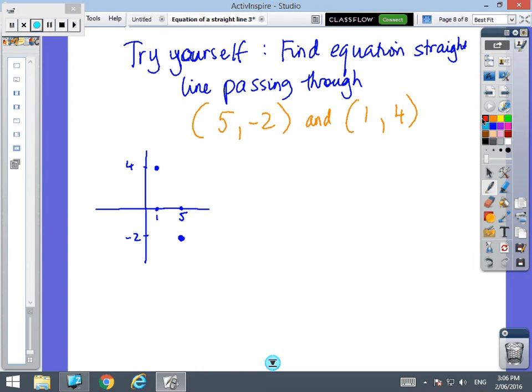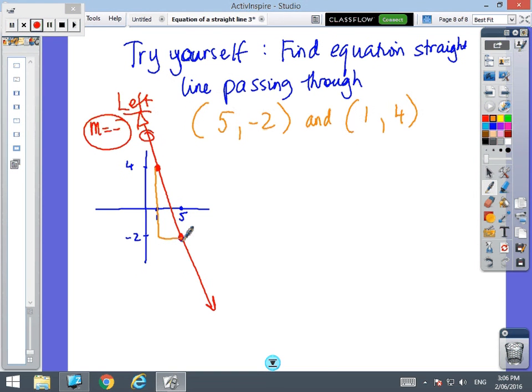So that point and that point is the line, so it's going to the left, so that means that the gradient is a negative number again. And I know that the b value is going to be bigger than 4 because it's above the 4 point. Okay, so let's draw our triangle in.